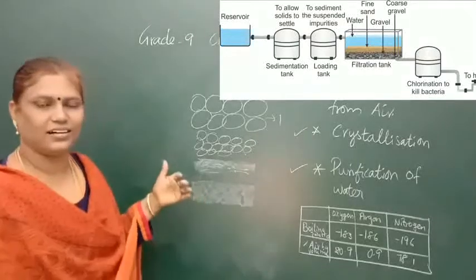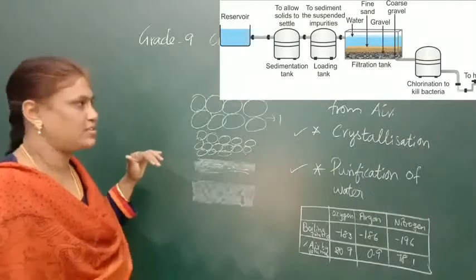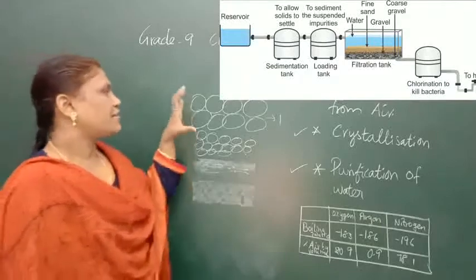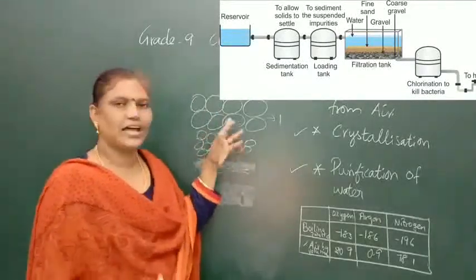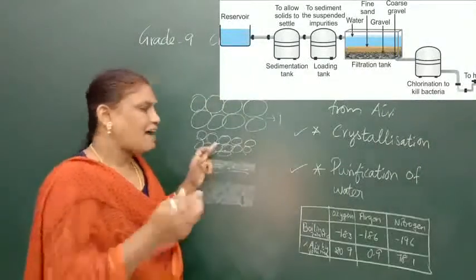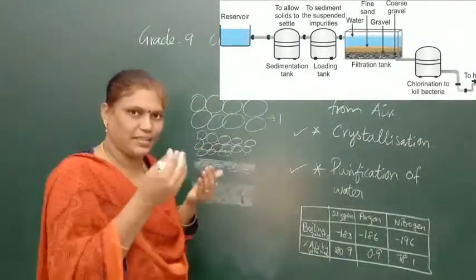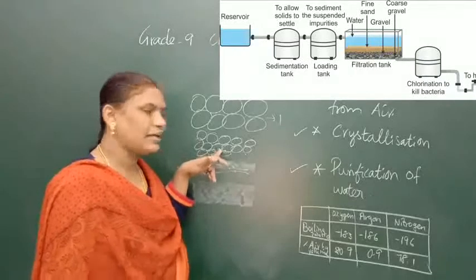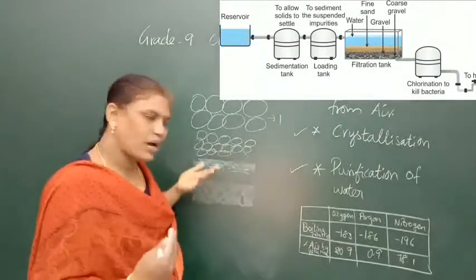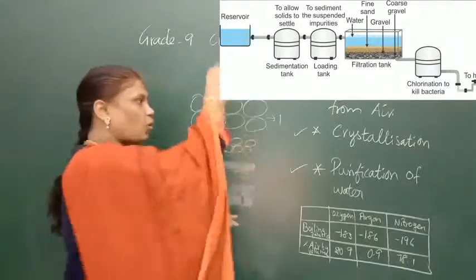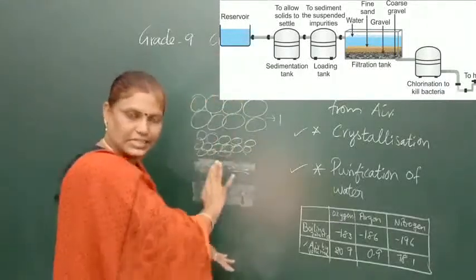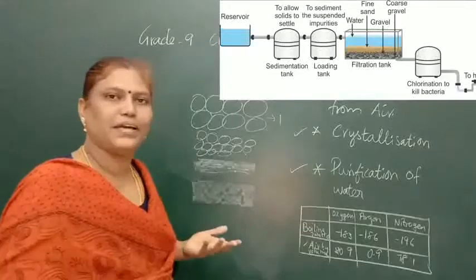You have studied this in water sewage treatment, no? It is the same here. First, the coarser particles will be stored in the bigger stones. After that, some particles will be stored in the next stage. Then the fine sand with gravel: all the dust particles will settle here. Only the water will come out.